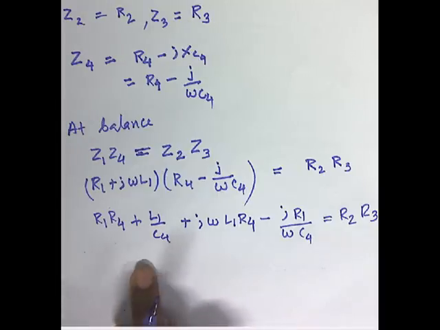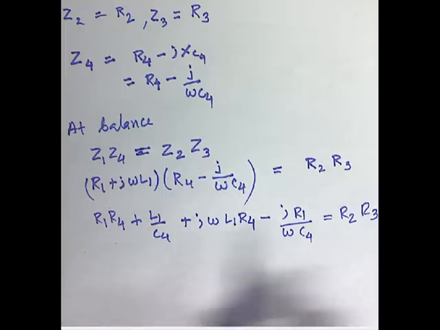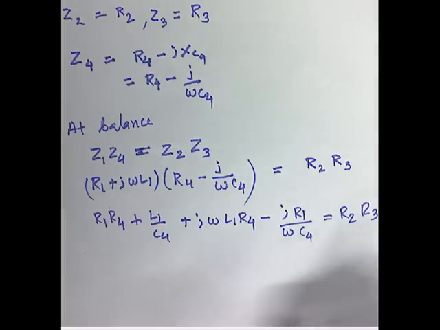Now equating the real and imaginary parts, we have R1 R4 plus L1 by C4 is equal to R2 R3, and the imaginary part is equal to the right hand side, which is 0.